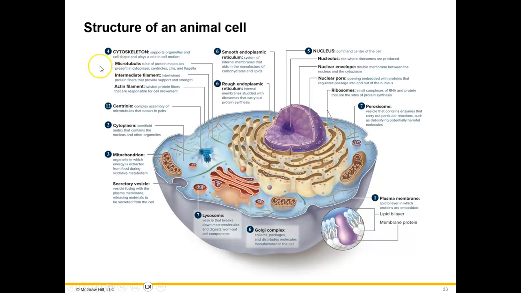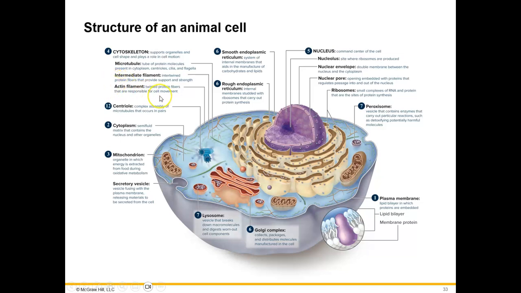There are 3 main components, 3 different kinds of protein fibers that are acting in different ways for support. We've got our microtubules, which are going to be protein molecules in the cytoplasm, centrioles, cilia, and flagella. We also have our intermediate filaments. These are going to be intertwined protein fibers, almost braided, that provide support and strength.